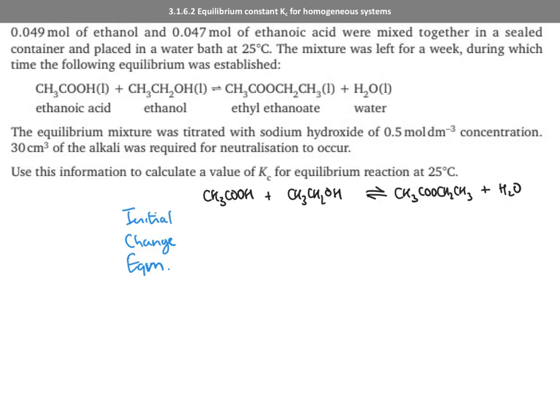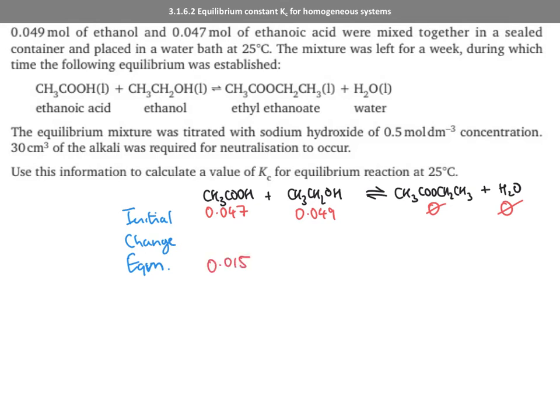Okay, so we have 0.049 moles of ethanol initially, and also 0.047 of ethanoic acid, and before they're mixed we cannot have any product. So we have 0 of the ethyl ethanoate and of water. Then we used the titration to determine the number of moles of ethanoic acid at equilibrium, which was 0.015.